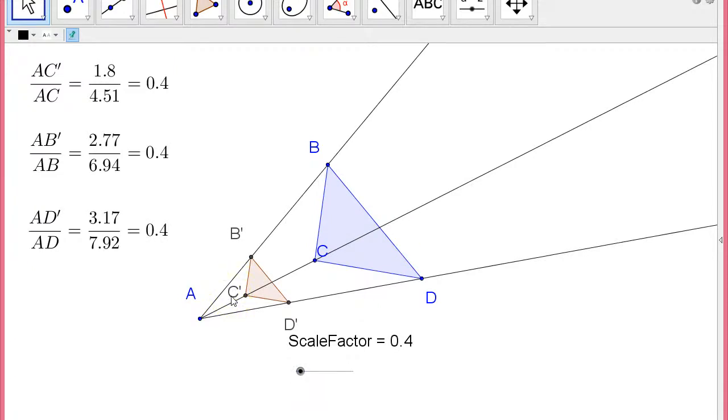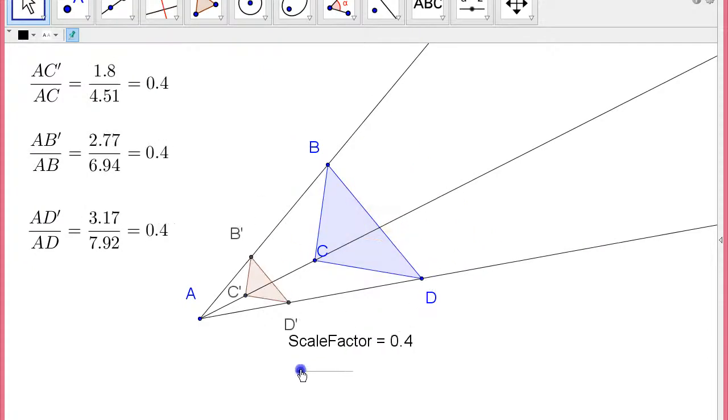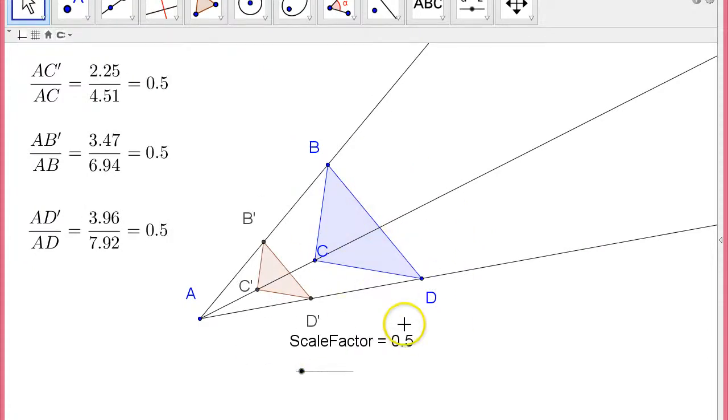You don't just say make it twice as big. What you have to do is pick a point on the figure, off the figure or somewhere, and go twice as far away to make it twice as big, or half as far away to make it half as big. And it gets to be confusing at times. So that's why we're not going to look at a lot of these examples on the video. We're going to look at a lot more of them in class. I just wanted to give you the basic rundown here.